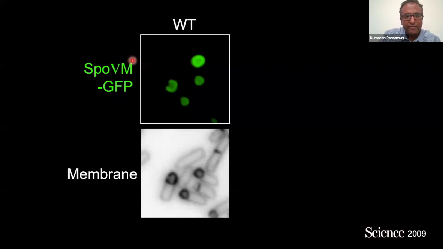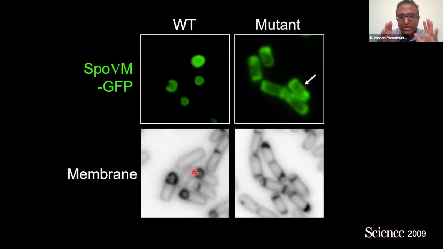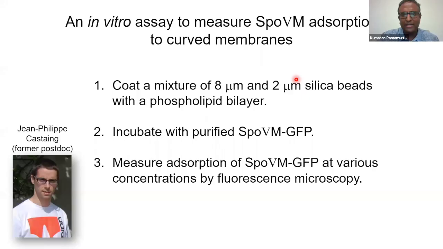I showed you that SpoVM fused to green fluorescent protein localizes to the surface of the forespore. But if we look at this mutant down here, this is the membrane stain. You can see that the septum that's initially created is perfectly flat, and you don't get that curved membrane. And if you look up here, this protein now, you can see, goes to all the available surfaces that are available in this mutant. Okay, so this is consistent with the idea that the protein will preferentially go to membranes that are convex and not either flat or concave.